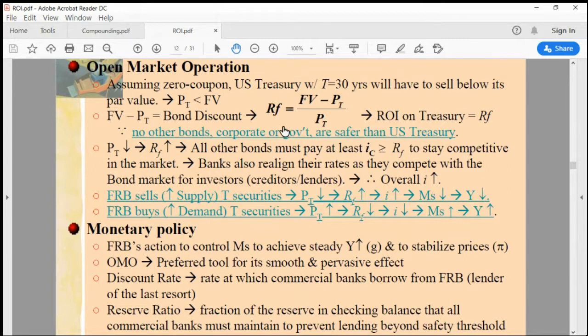Why is it risk-free? You remember in the earlier videos, I said bank interest rates, like on a savings account or a CD, are risk-free because the banks will have to pay this to you when the CDs mature and you redeem your money.